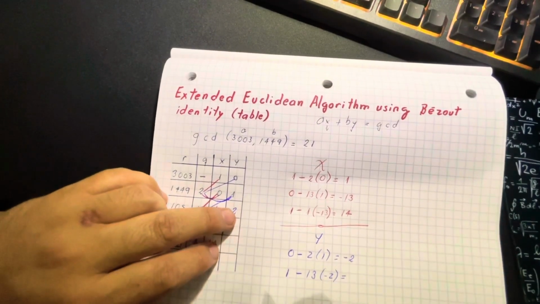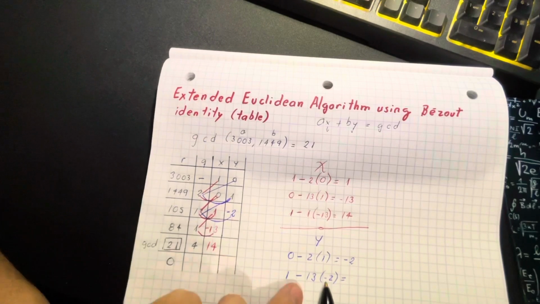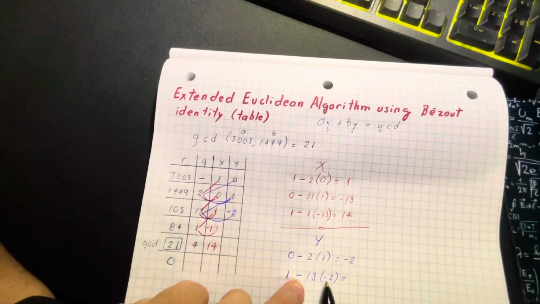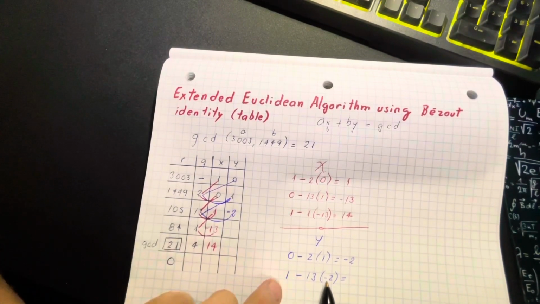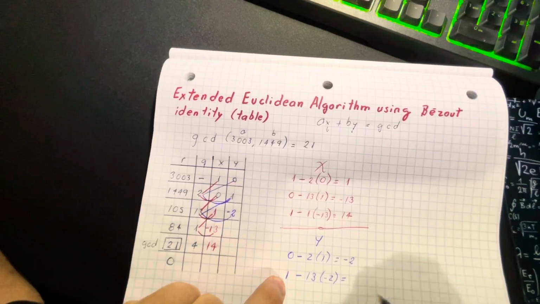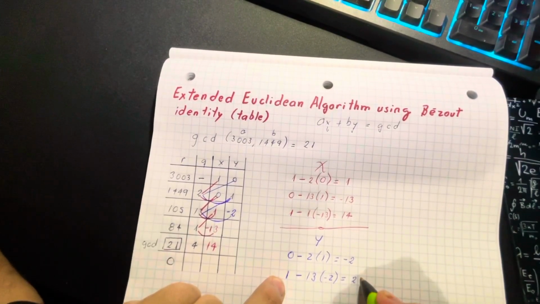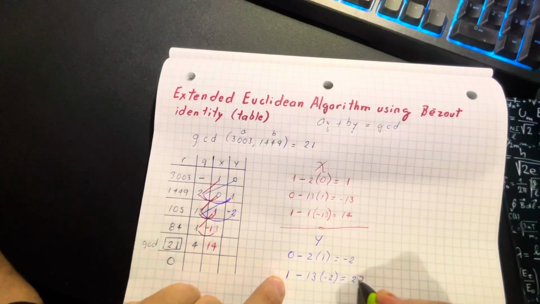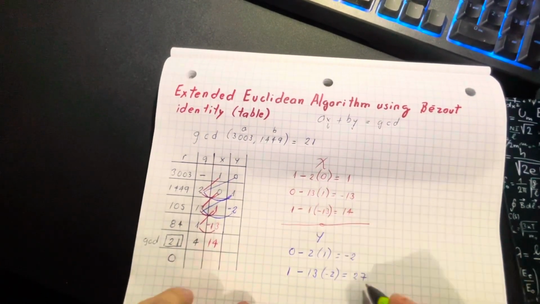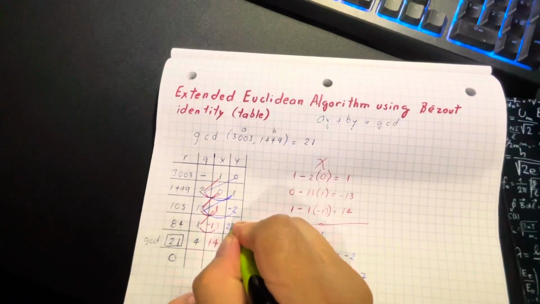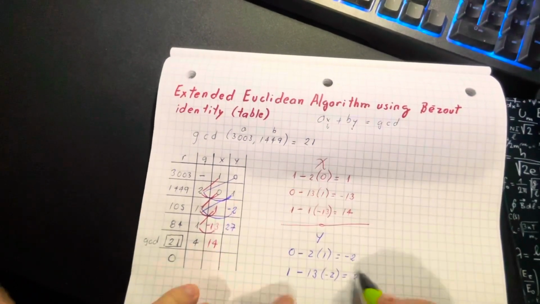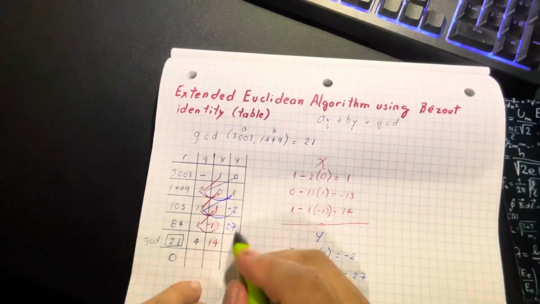So right here you have a negative, this is going to be positive, okay? Positive 26 with a positive 1 is going to be positive 27. This 27, you put it over here, right?